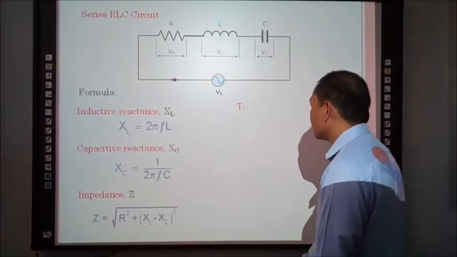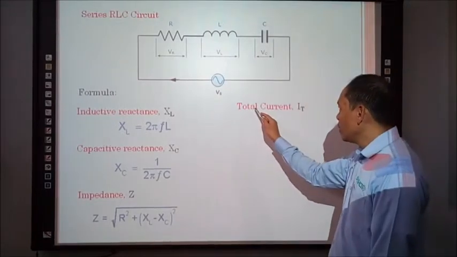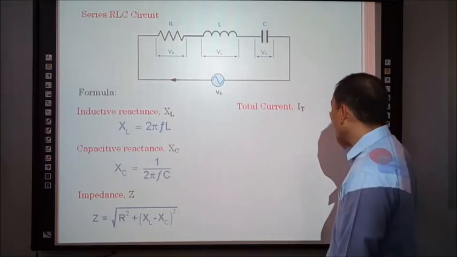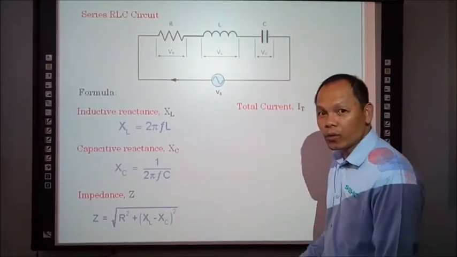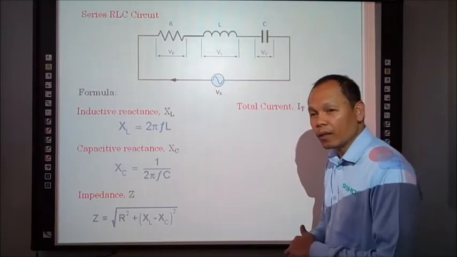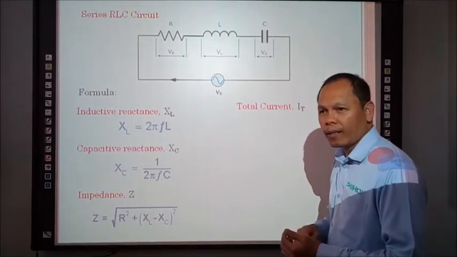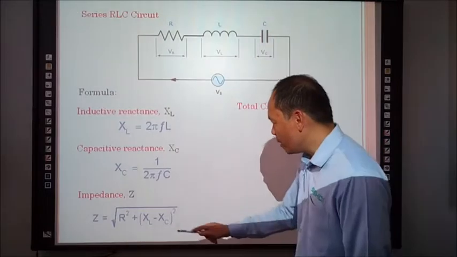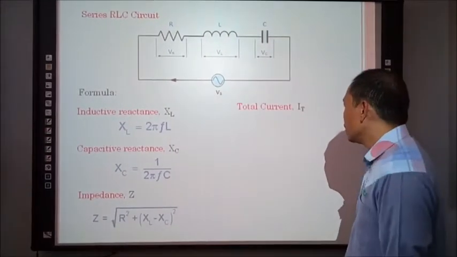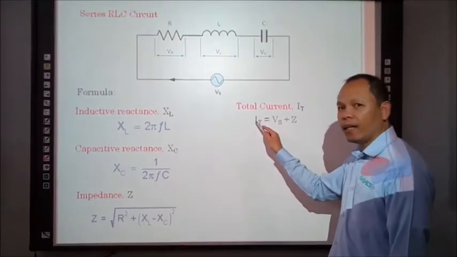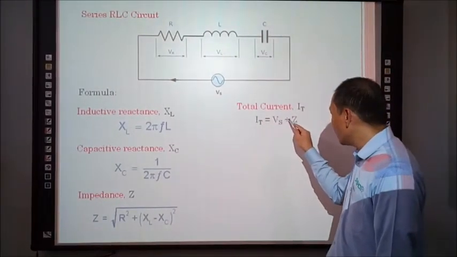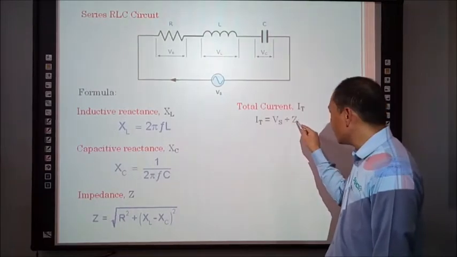The next, you are going to solve for the total current, which is IT. This time we are going to use Ohm's law, but we substitute the R with Z. So the formula is total current is equal to Vs, or source voltage, divided by Z.